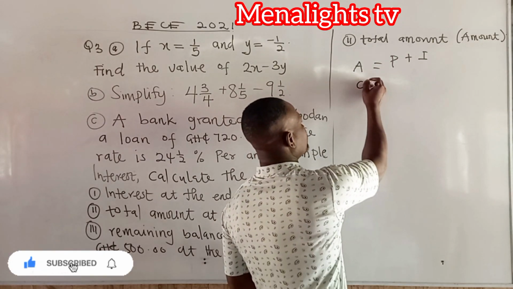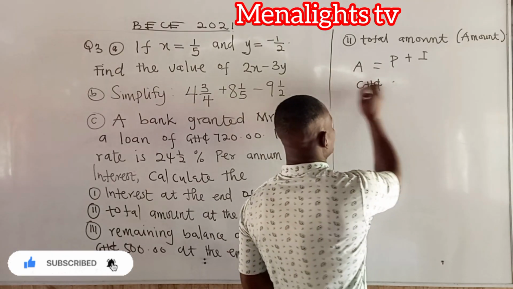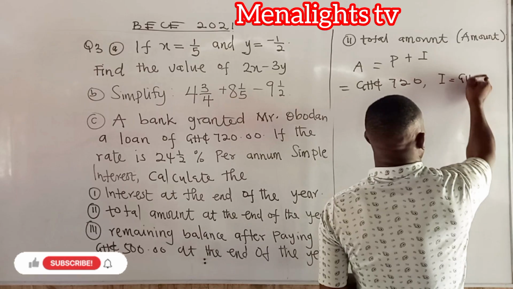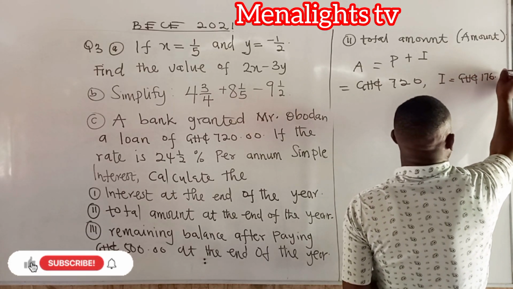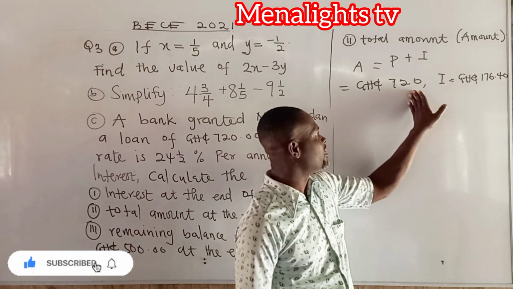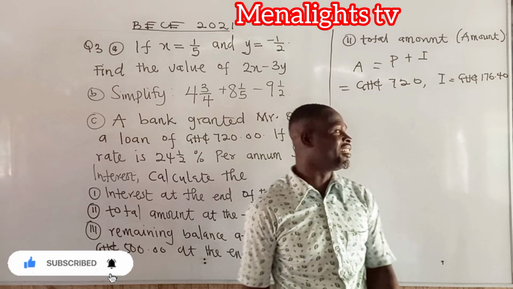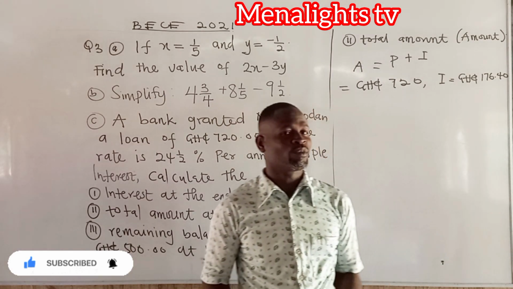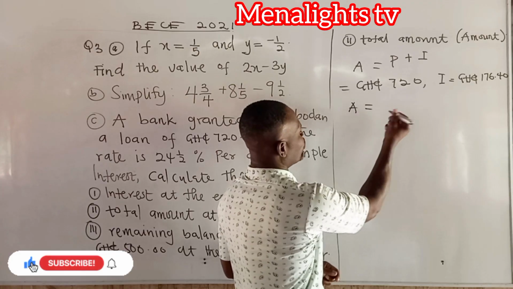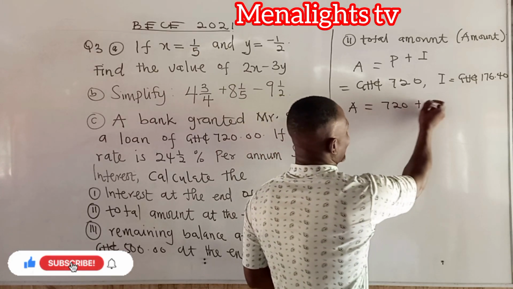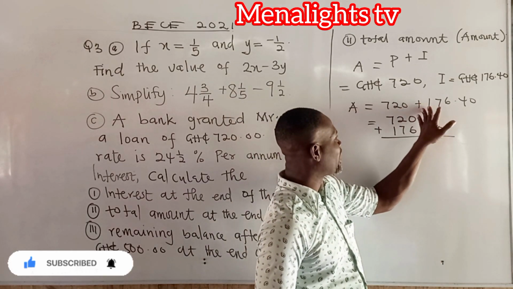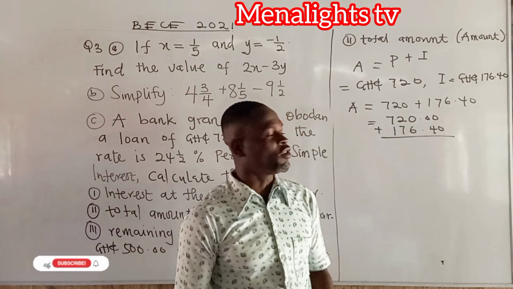So from the question, the principal is 720 cedis, and the interest that you got on that principal is 176.40 pesos. So we can say that the amount here is now equal to 720 cedis plus 176.40 pesos.